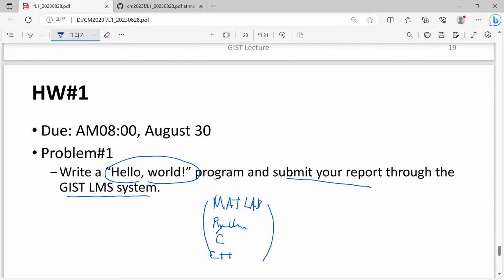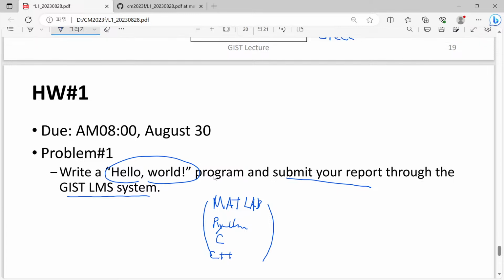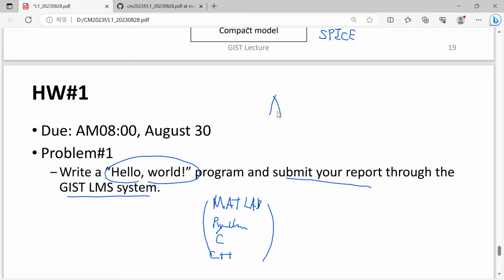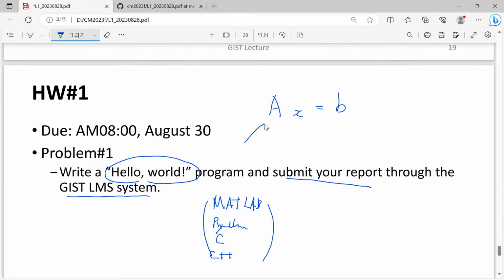But anyhow, since this course is related to numerical analysis, later on you should be able to do certain mathematical functions like this. This is a matrix A and vectors x and b, where A and b are given, and you want to calculate the vector x. You should be able to do this.